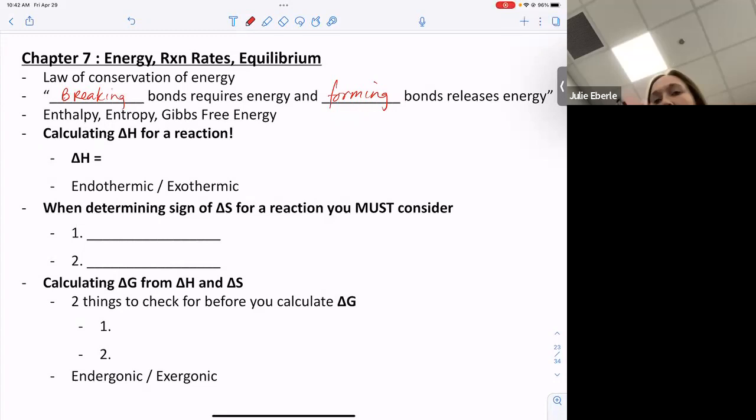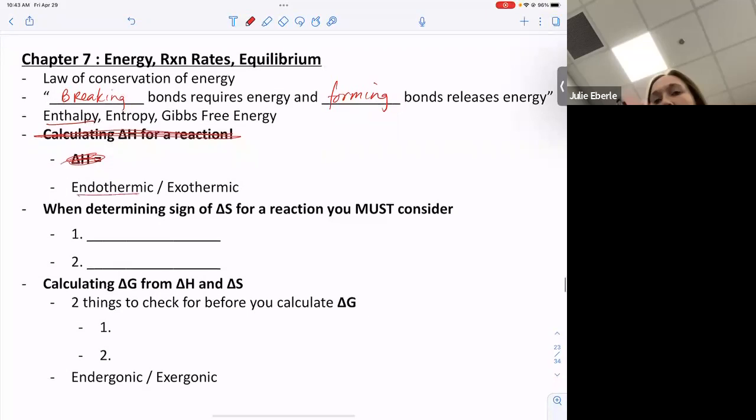But first we talked about enthalpy, which is delta H. I think in previous semesters, I have had people calculate delta H. You're not going to have to calculate delta H. I may give you a delta H and I want you to know what that means. Or I may tell you energy is released in this reaction or absorbed in this reaction, and I want you to know what that means, but you're not going to have to calculate.